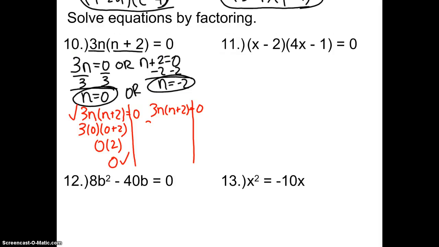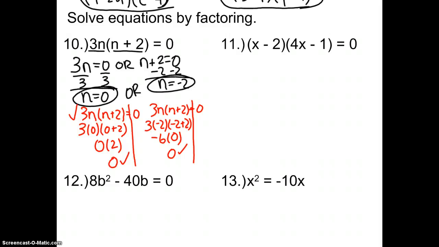Plug in negative 2. We have 3 times negative 2, times negative 2 plus 2. So we have negative 6 times 0, which gives us 0, so the negative 2 solution also holds up. And move on to number 11.